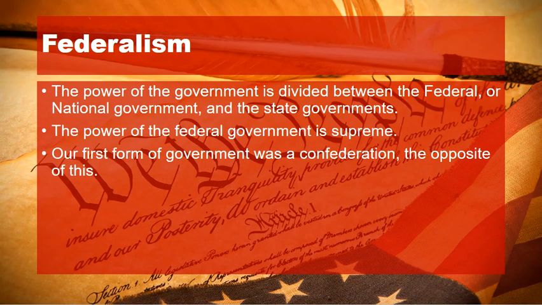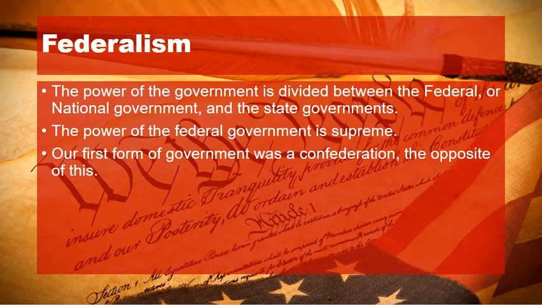Federalism. Government power is divided between the federal or national government and the state governments. The power of the federal government is supreme. So in a way to try to create a more perfect union, the states are able to make certain laws, but ultimately the federal government has the final say as to what is the law of the land.